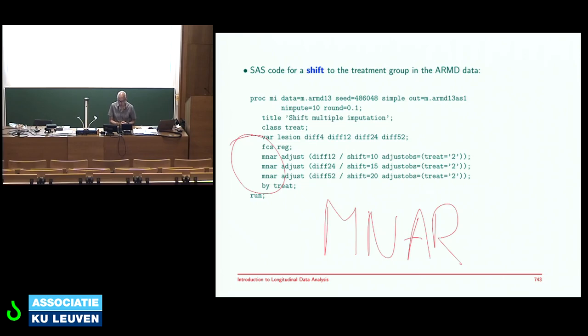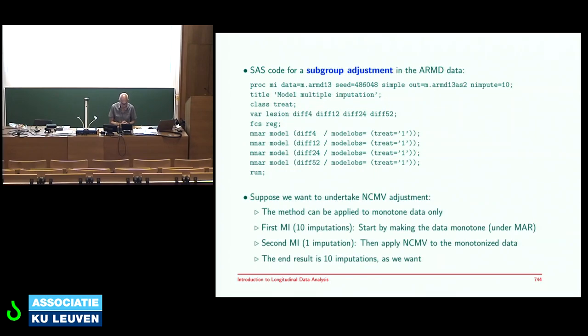Now, of course, here is an idea. You can actually choose those shifts equal to 0, and then you're back into MAR. And then you can actually gradually deviate from it in very small steps until you reach the point where significance flips from significant to non-significant or vice versa, where it tips over, and that's often called a tipping point analysis. So, while not illustrated here, various other mechanisms can be made part of a tipping point analysis.